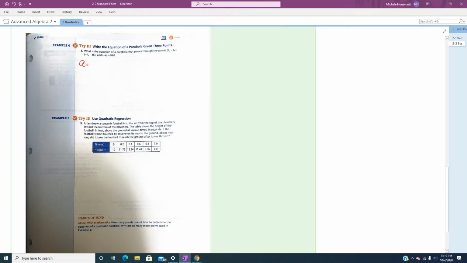A equals -4, B equals 5, and C equals -6. Okay, so then my equation for that parabola is y equals -4x squared plus 5x minus 6. There's my equation.